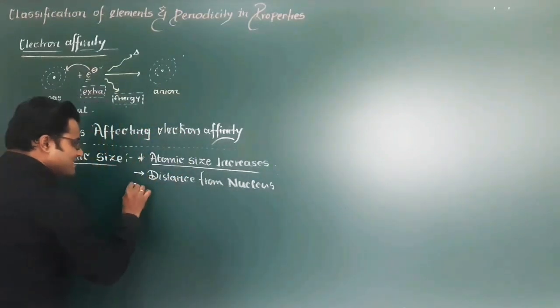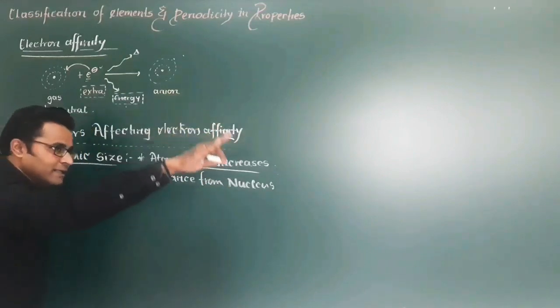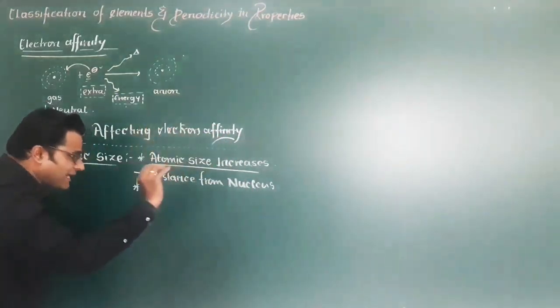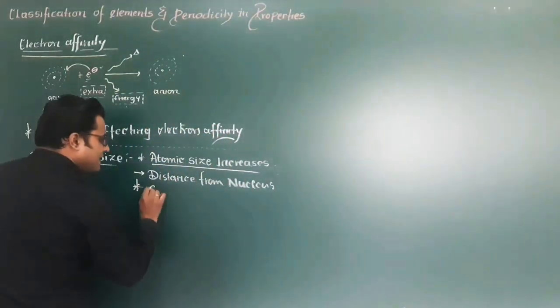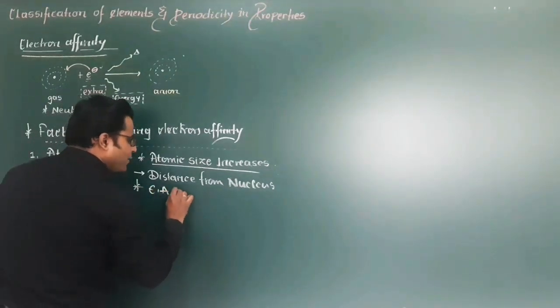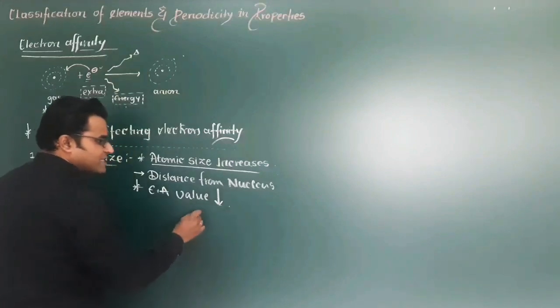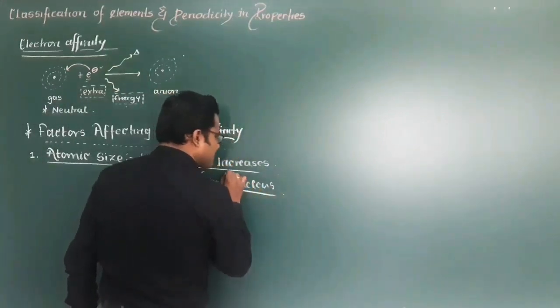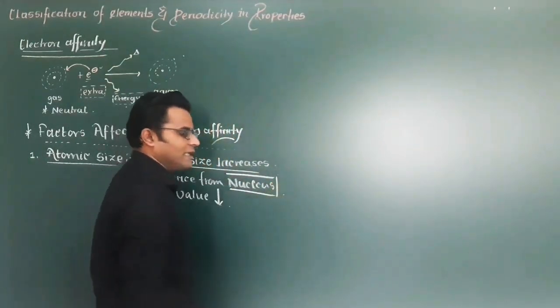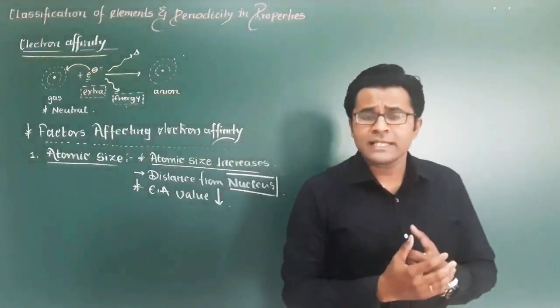As that increases, attractive power decreases. As the attractive power decreases, the electron affinity value is going to decrease because it is all related with respect to our nucleus, right?